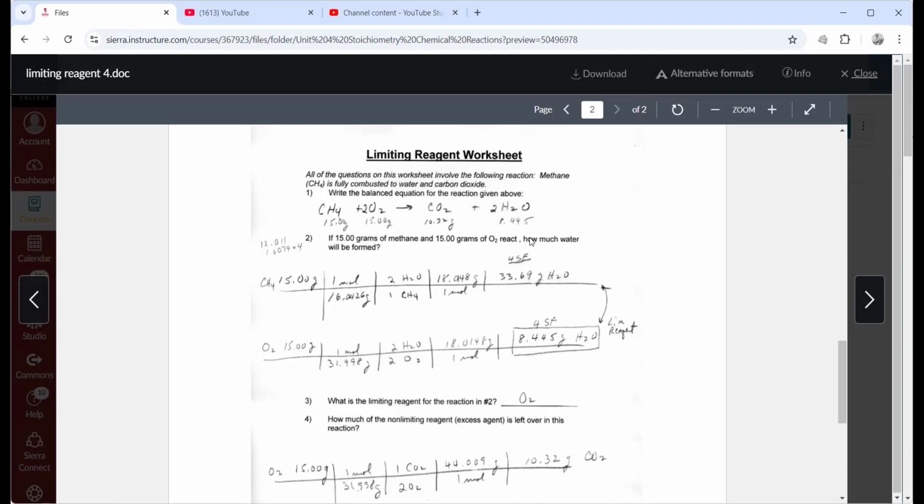No, we're covering limiting reagents on Friday. And then the test will be a week from Saturday, or 2 weeks from today. All right. So I just wanted to give you a flavor for what's coming up on Friday.